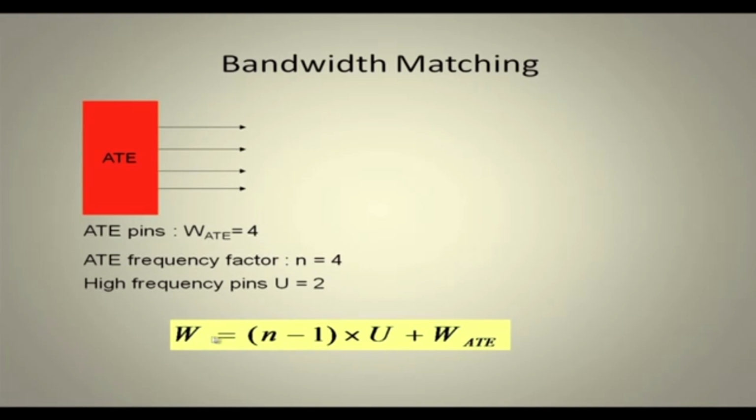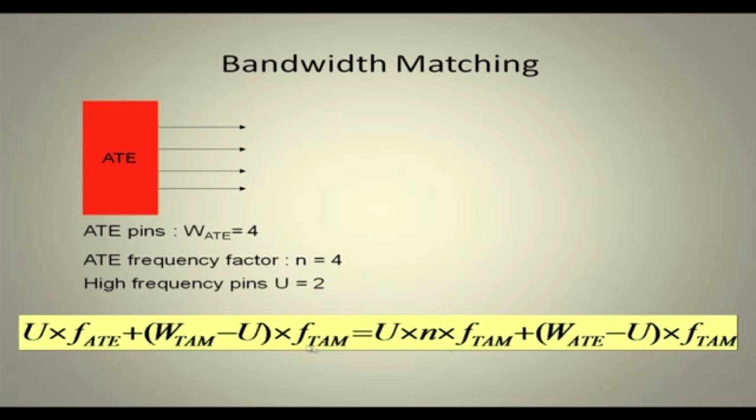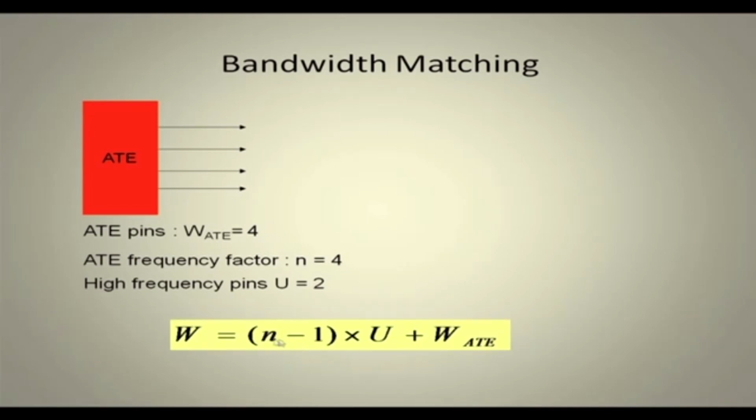If you solve this expression, W must be equal to n minus 1 into U plus WATE. That actually gives the expansion in the number of channels that we can get at the core end or the SOC end.